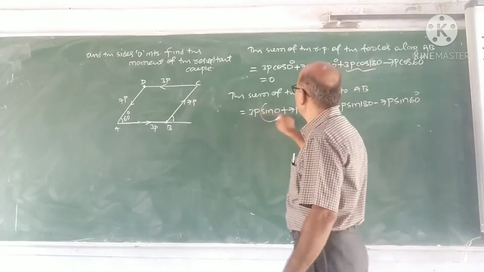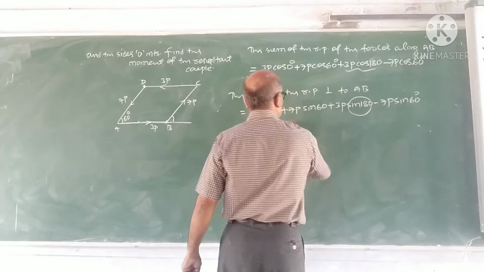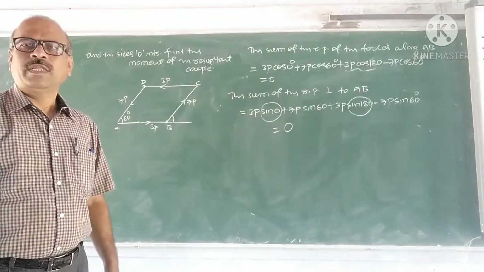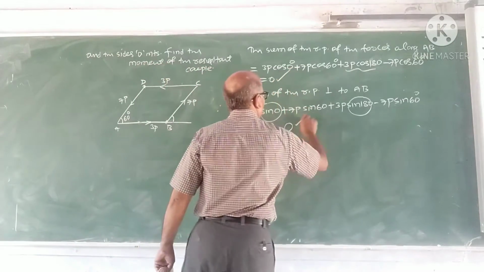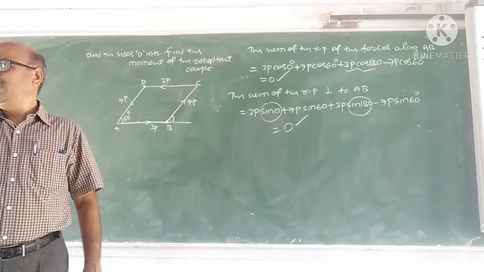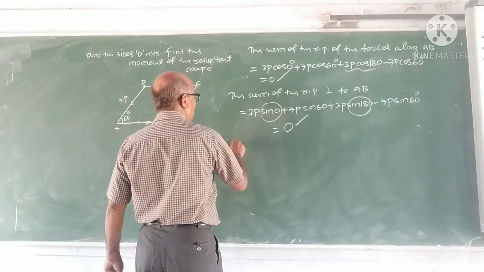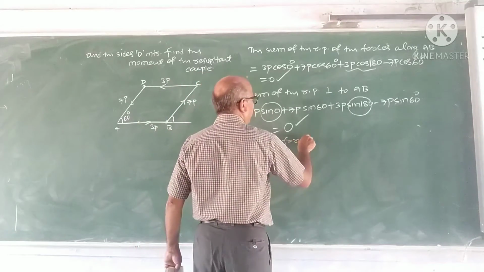Sin 0 is 0, sin 180 is 0. 7P minus 7P, 0 it is. Therefore, the algebraic sums of the resolved parts along AB and perpendicular to AB are separately 0. Hence, the forces form a couple.